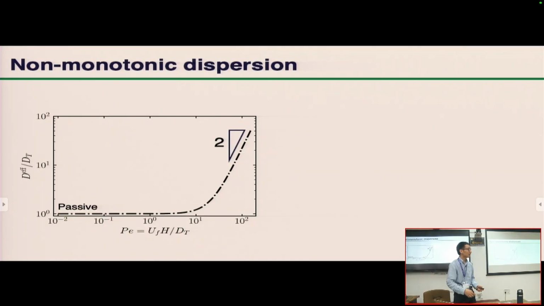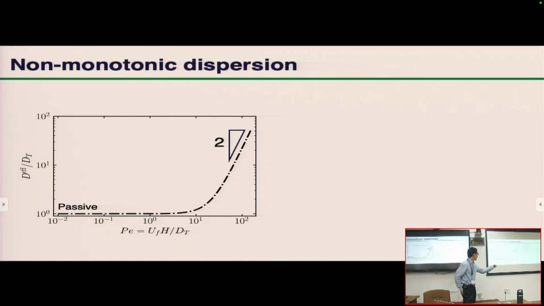That's the average drift. And again, we set out to think about the diffusivity at long times. So here I'm again looking at the effective diffusivity at long times normalized by the Brownian value, as a function of the flow speed. We have the passive result we talked about before. When the flow is high, there's a quadratic scaling.